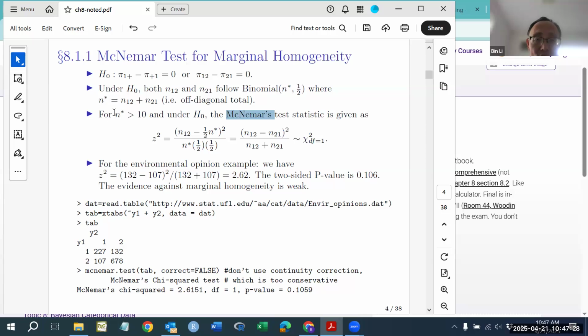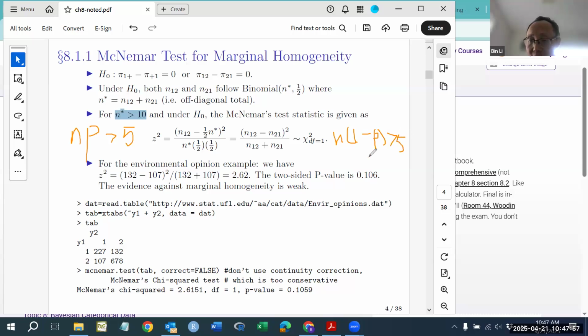So we can do it through the binomial. So McNemar test is nothing but a binomial test with p equal to 1/2. If we have a large enough sample size, you may ask why N star is greater than 10? Because remember, for the binomial test, usually we need np greater than 5, and n times 1 minus p greater than 5.